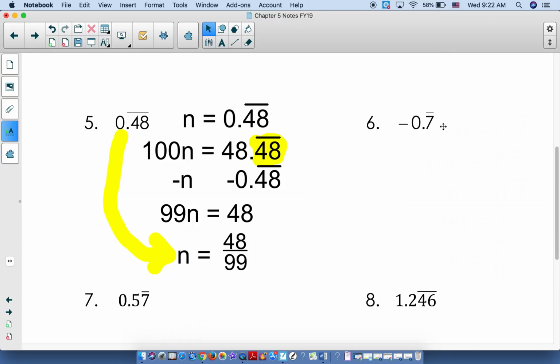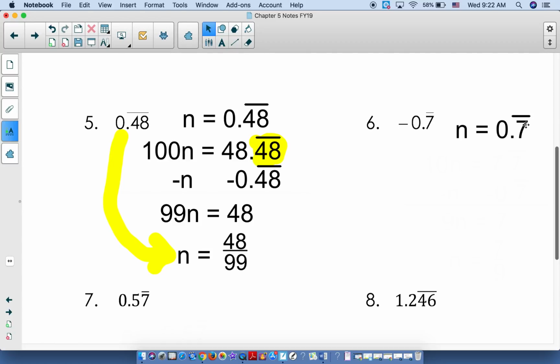So let's look at this 0.7 repeating. We are going to declare n is equal to 0.7 repeating. I want the digits that are repeating on the other side of the decimal.